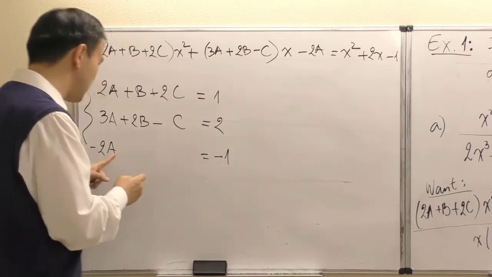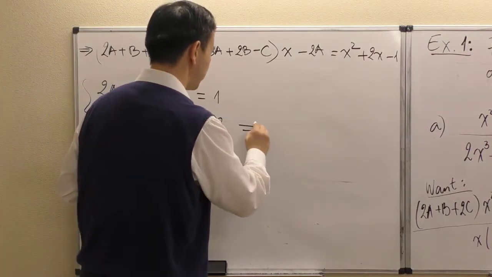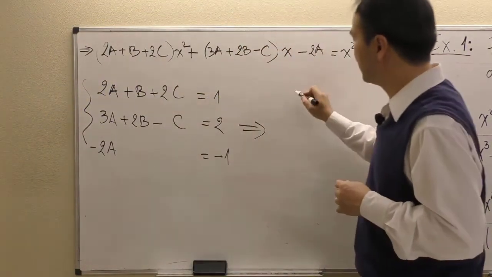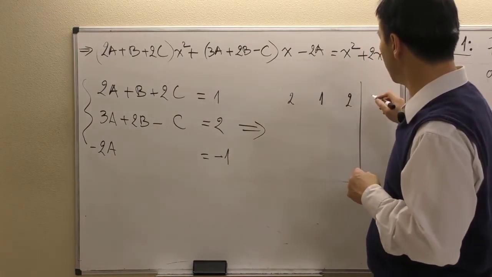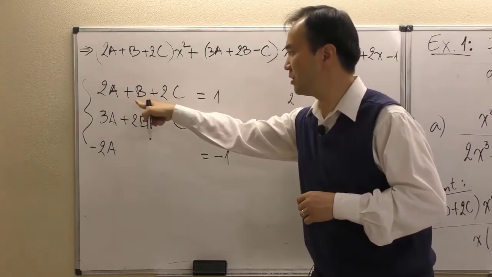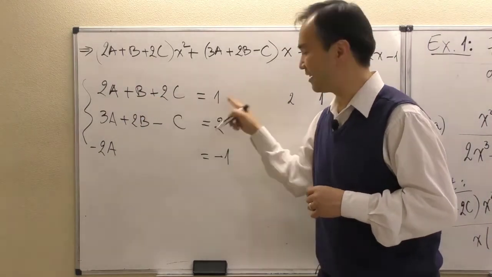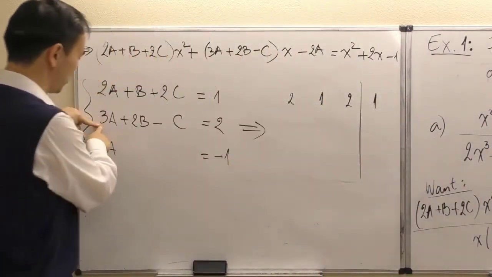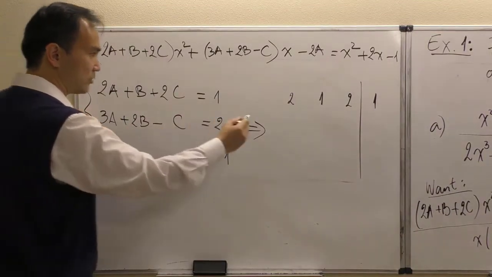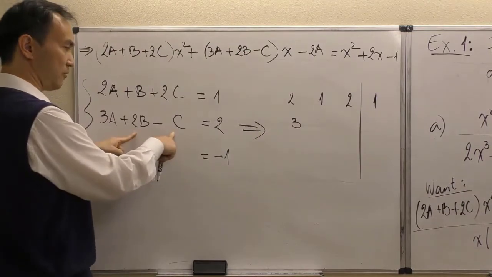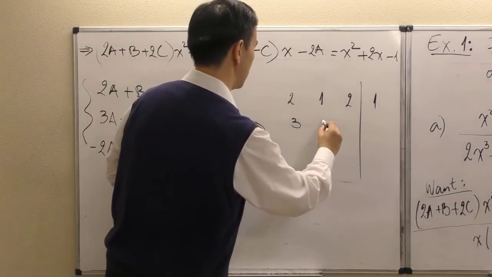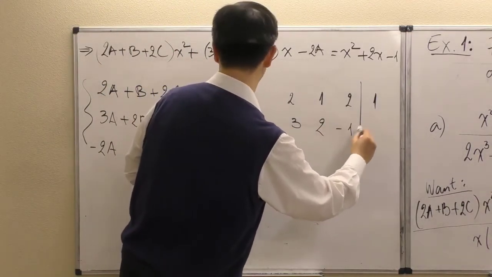But the augmented matrix we produce here is, see, 2, 1, 2, with a vertical line right here, 1. So 2, 1, 2, 1. And then the next one here is 3, 2, negative 1, and 2.